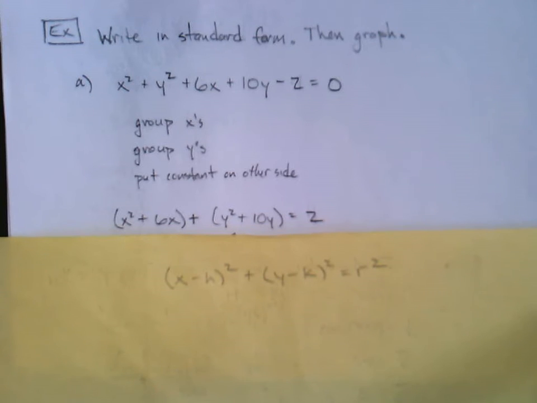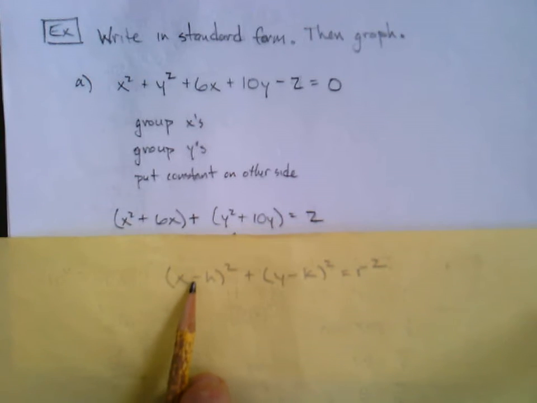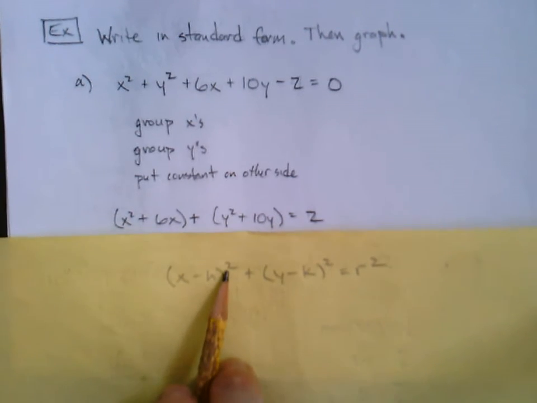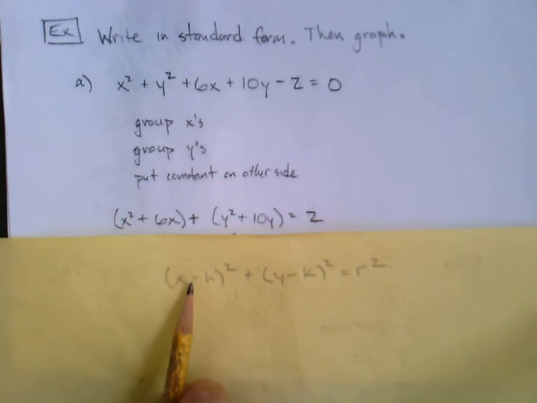All right, once you've done this grouping and gotten that constant to the other side, then what do we do? We need to turn x squared plus 6x into x minus some number quantity squared. What process will allow us to do that? We've done it earlier in the course. It probably wasn't your favorite thing to learn.